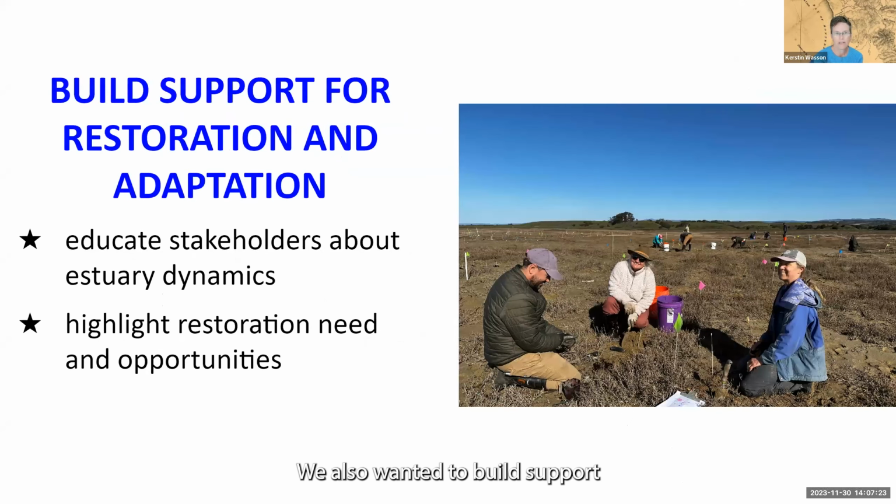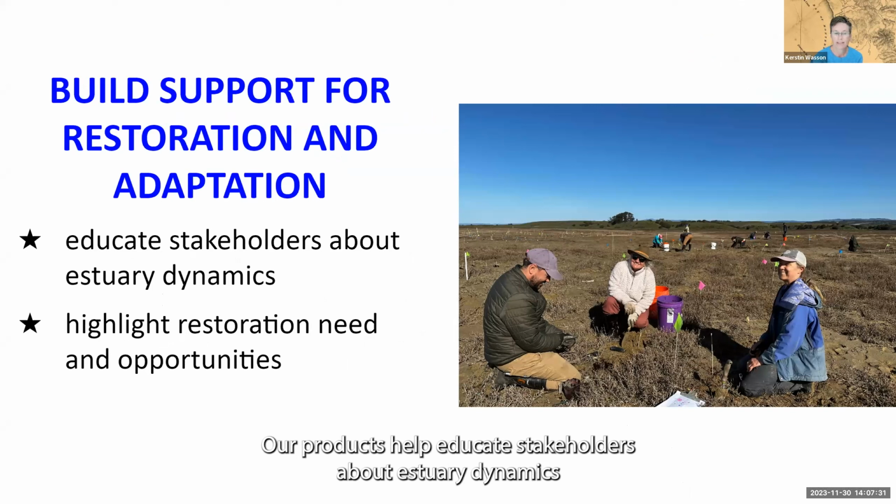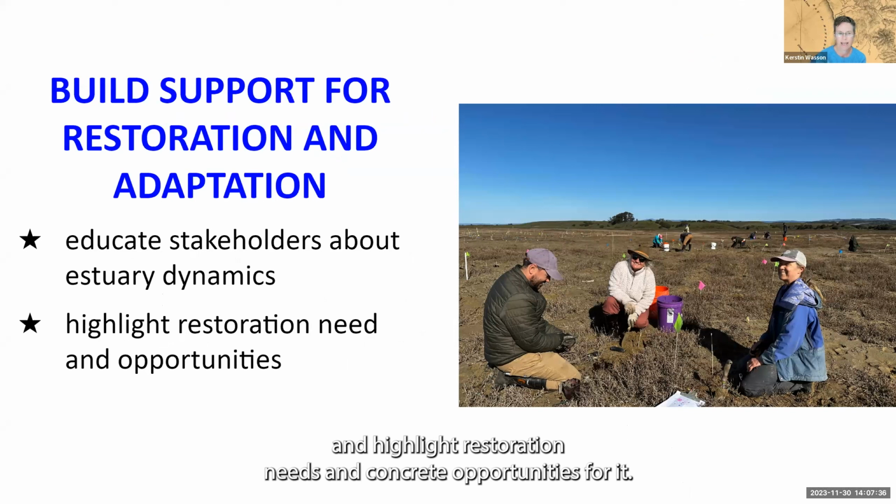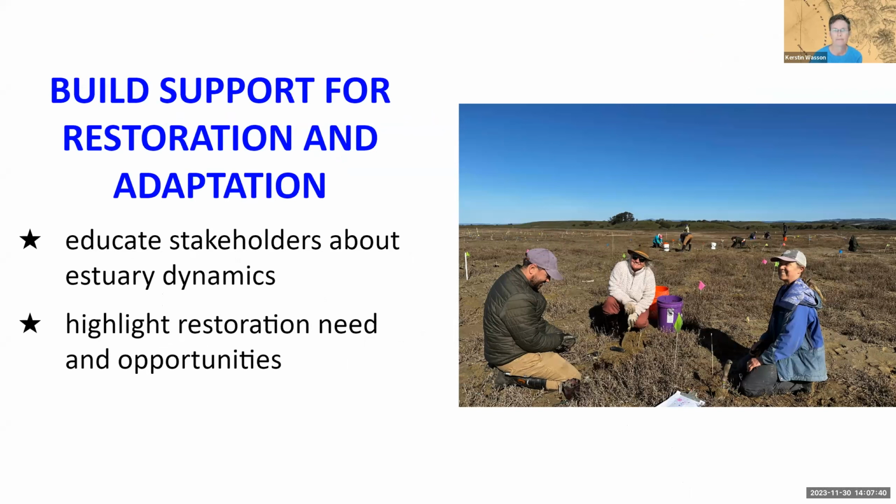We also wanted to build support for restoration and climate adaptation with both national and local stakeholders. Our products help educate stakeholders about estuary dynamics and highlight restoration needs and concrete opportunities for it.